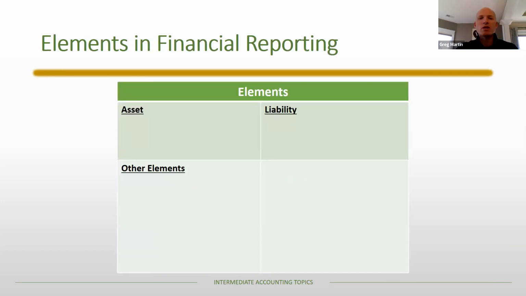I call out 2 of them because they are the main elements, assets and liabilities. The other elements in some ways are really defined based off of how we define assets and liabilities. So does anybody know there are kind of 3 pieces to the definition of an asset? Does anybody know those 3 pieces?